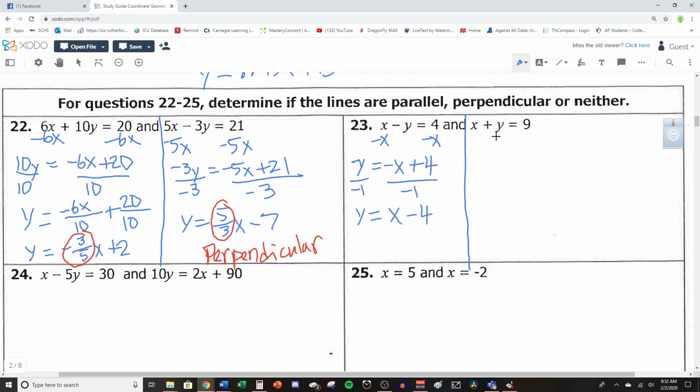So there's that one. Over here, we're going to subtract x from both sides, and I don't have to do anything else with this y because it's already positive, so it's -x plus 9. And we have to think about these slopes. Well, this one was positive, this one's negative. We don't really see the reciprocal.